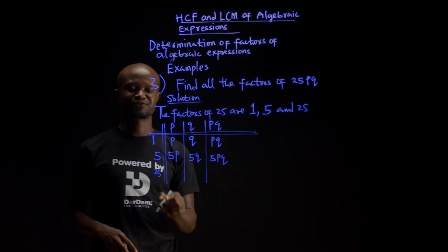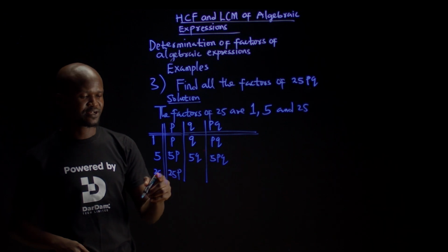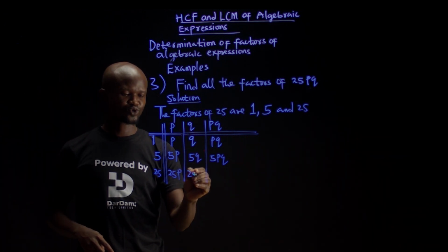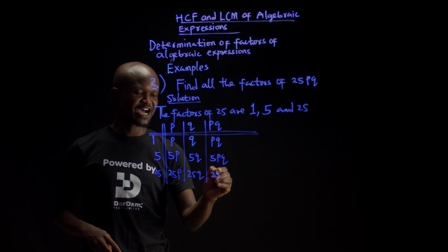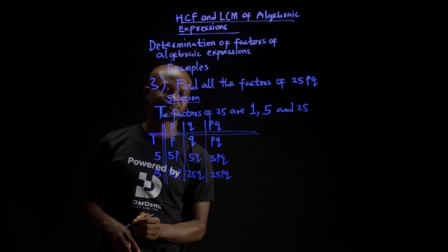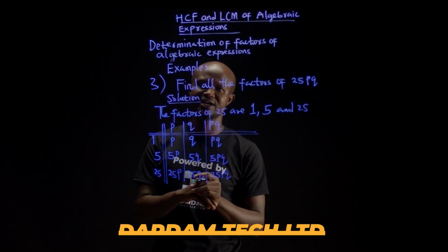Now we use 25. 25 times P, 25P. 25 times Q, 25Q. 25 times PQ, 25PQ. Now we have the non-numeric factors.